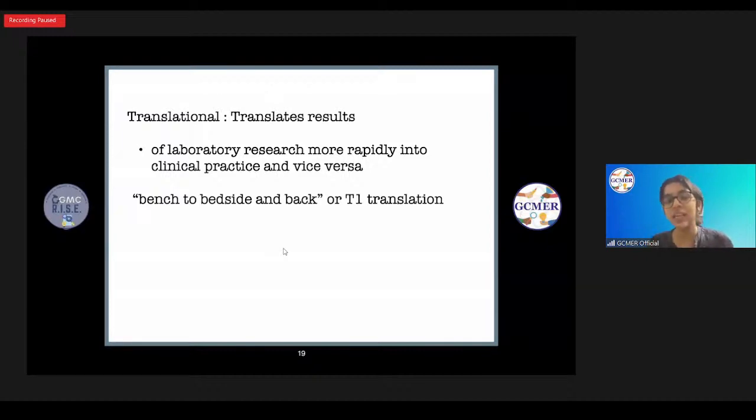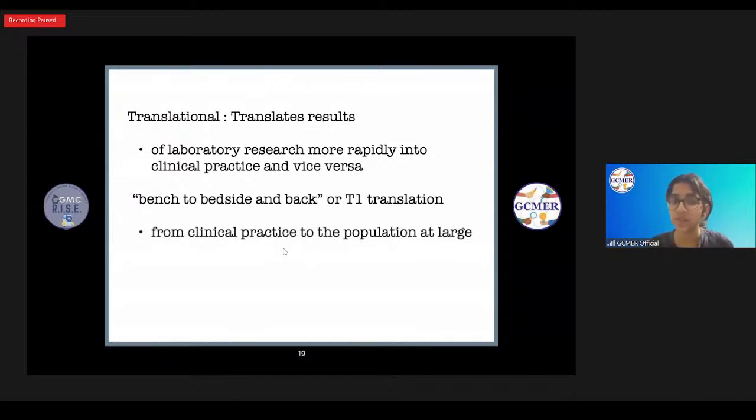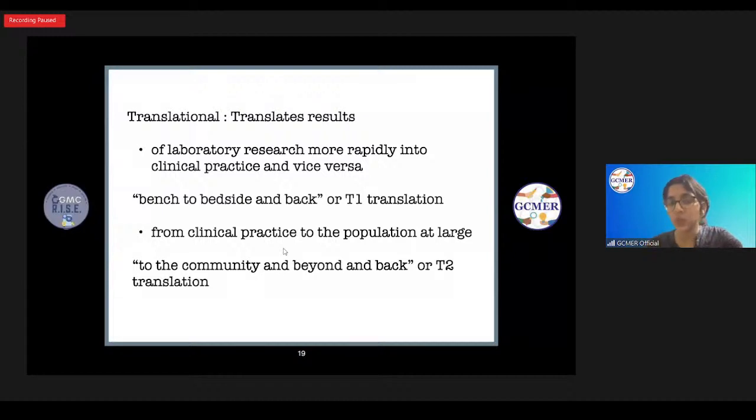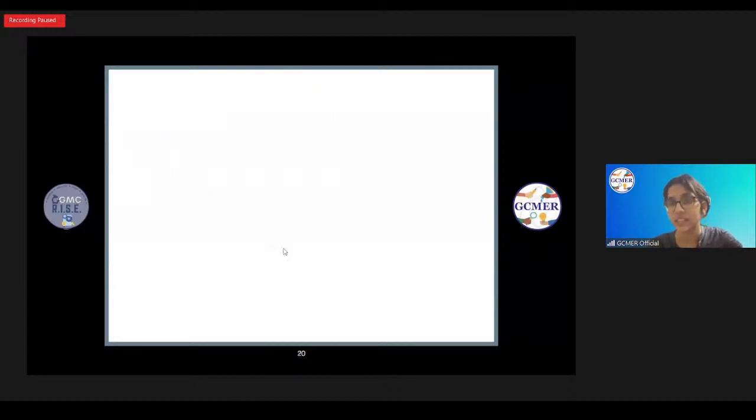Now, this can either be bench to bedside and back. That is, for example, you are doing some tests and you're trying to understand how to make it more accessible to the bedside, and that's known as T1 translation, that is from clinical practice to population at large, or to the community and beyond and back, that is T2 translation. Okay, that got skipped.